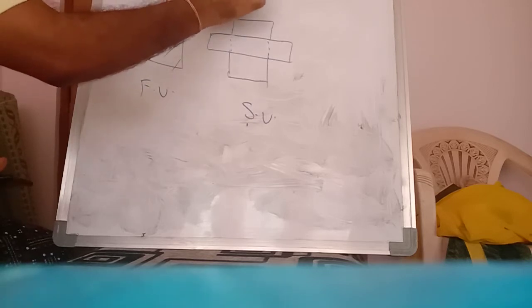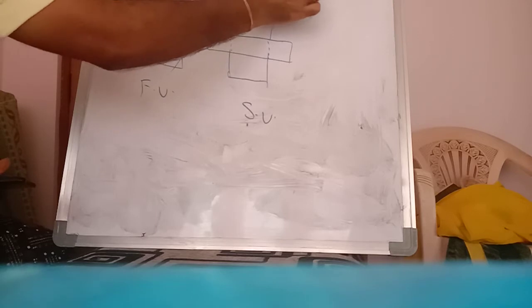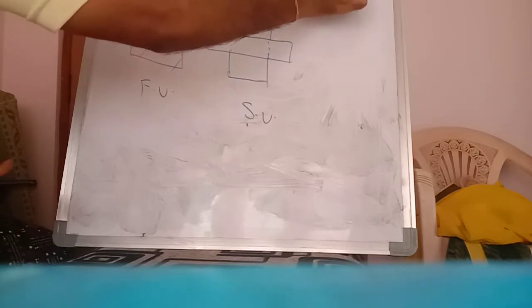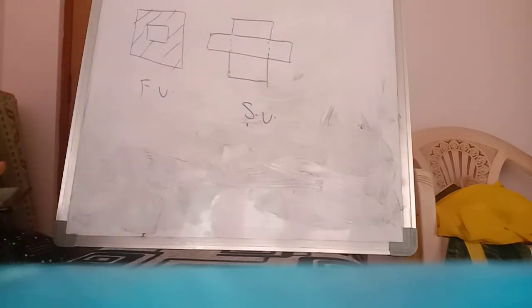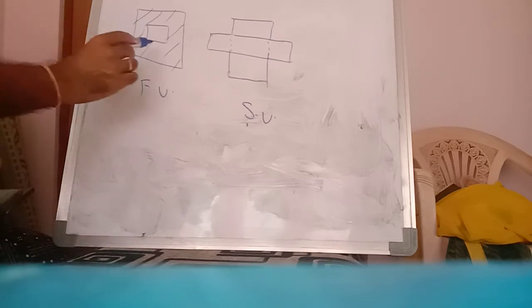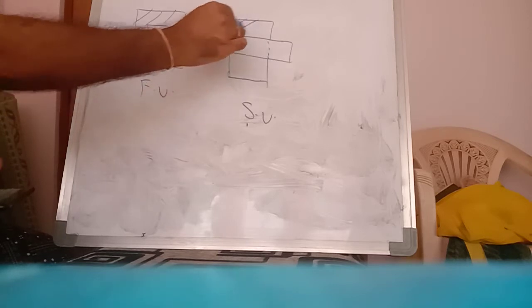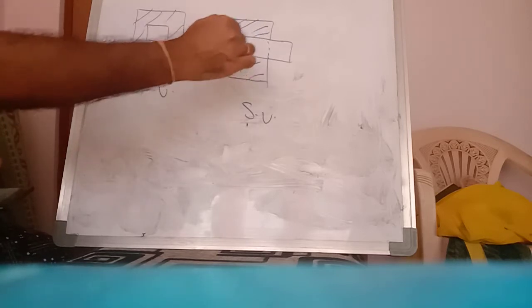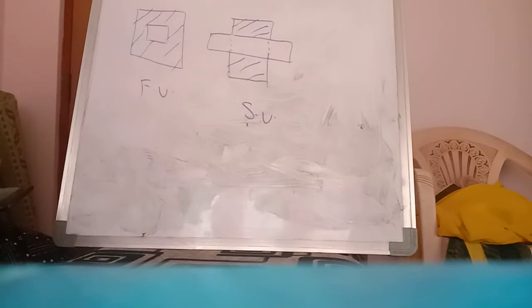Completely constrained motion. What is completely constrained motion? I will explain. Completely constrained motion means it is a type of motion in which relative motion between the links... So these are the two links. This one is the fixed link and there is another link. So it is a kinematic pair.